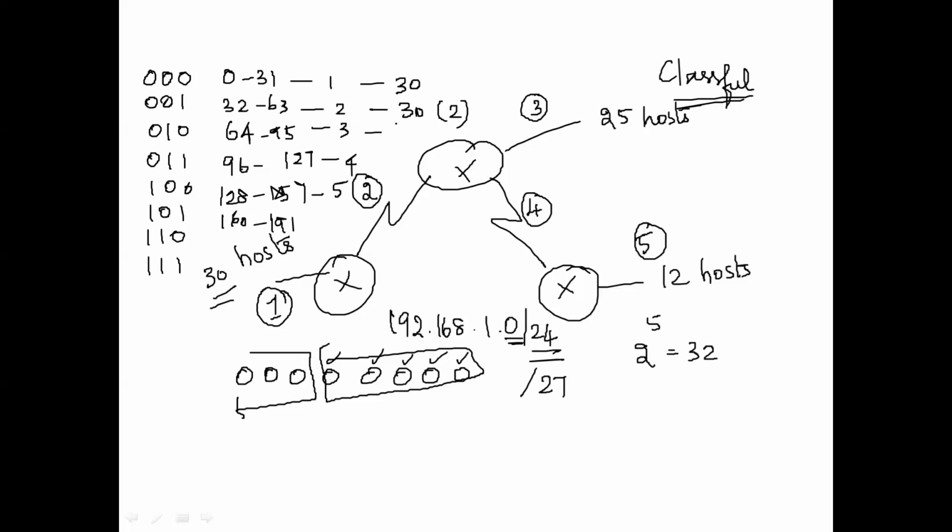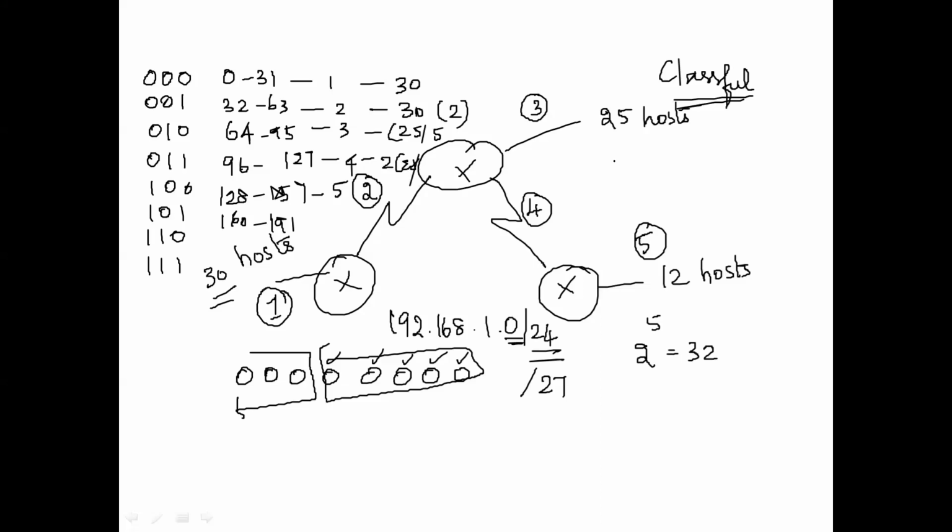Similarly here, I need 25, but 5 addresses are wasted. Similarly here again, I need only 2, but 28 are wasted. So you can understand that the IP requirement is variable, and most of the IP addresses are getting wasted in classful subnetting. So we go for an option called classless subnetting.